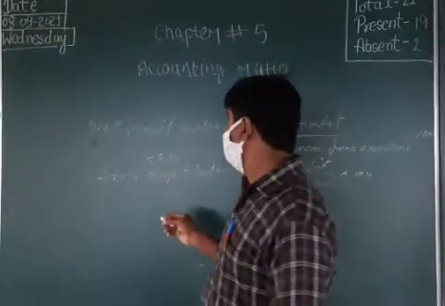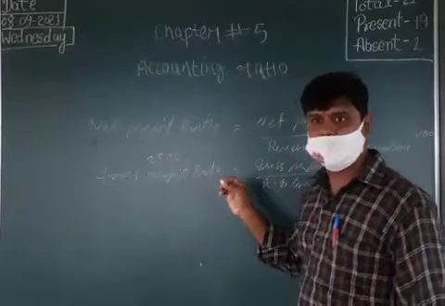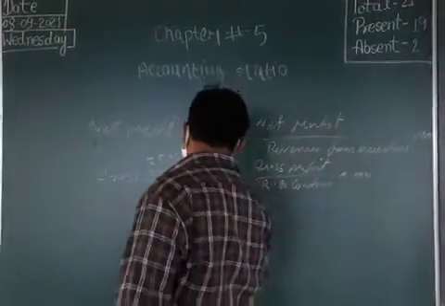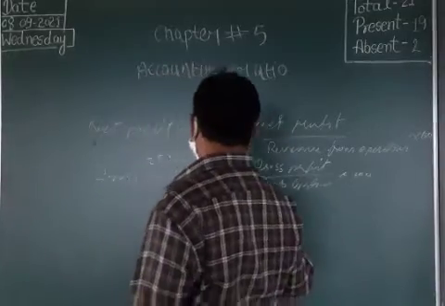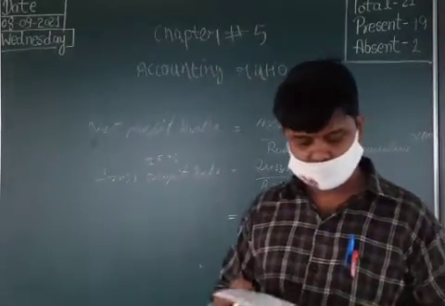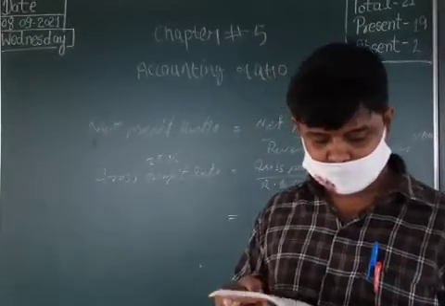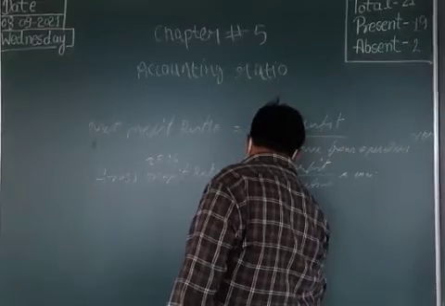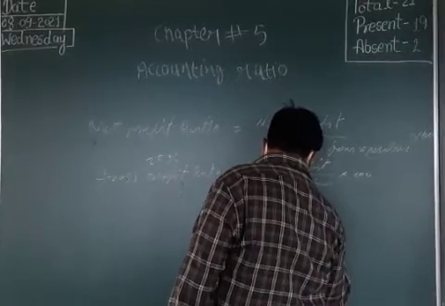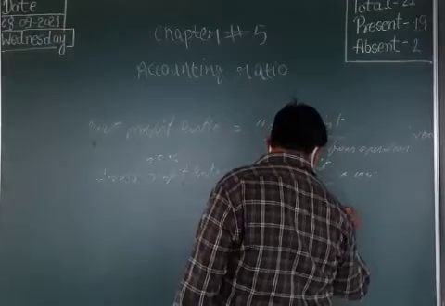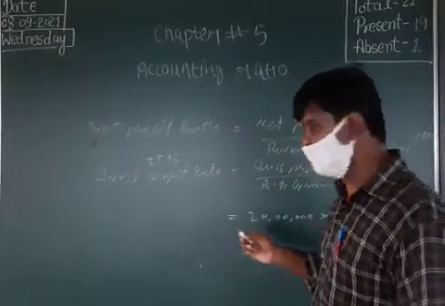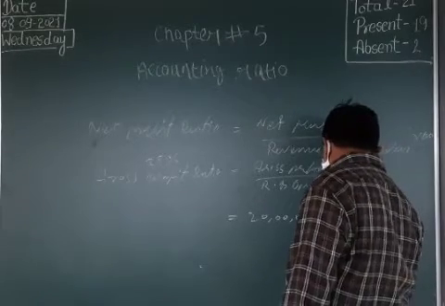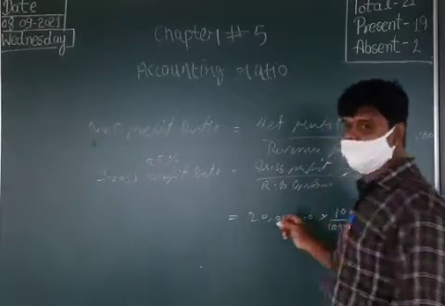To get the cash revenue from operation, we consider: the given cost into percentage upon 100 minus the rate of percentage. The given cost here is 20 lakh, into 100, this formula we already learned.